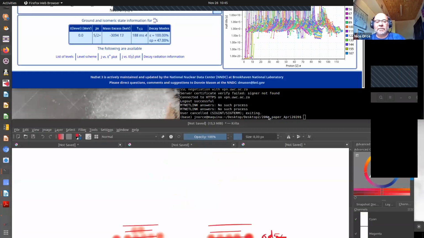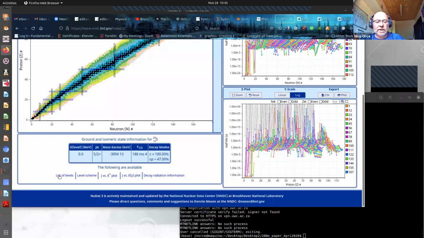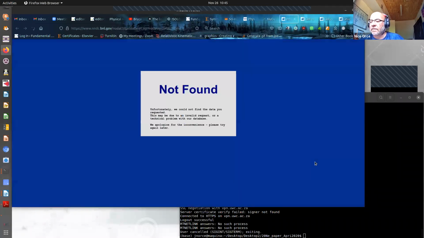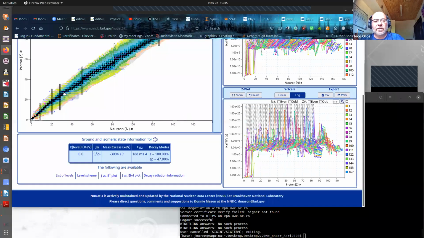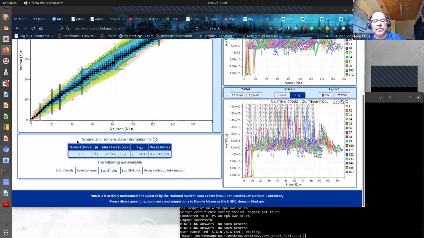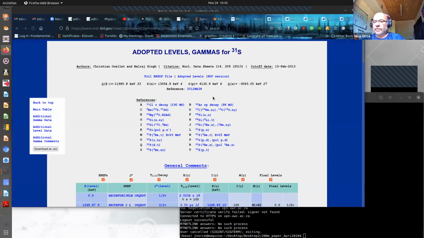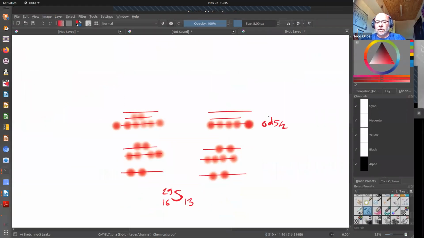And we can go back here and investigate what is the list of levels. If the 5/2 plus is not found, that's probably because it's a very exotic nucleus. So let's go to sulfur-31. See, sulfur-31, list of levels. So it will have 31 here.